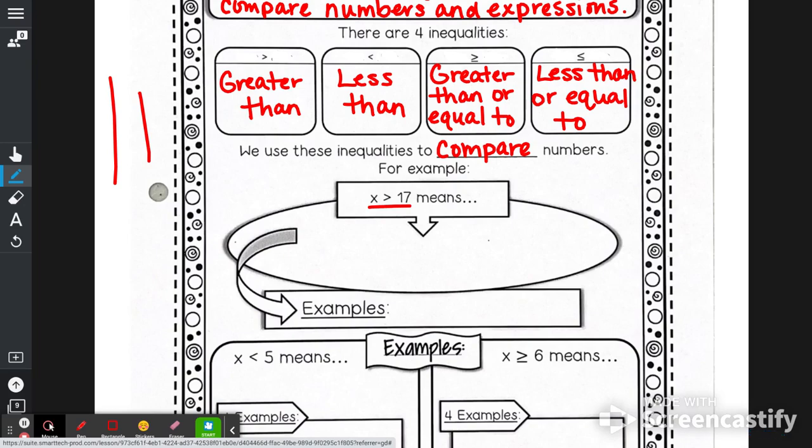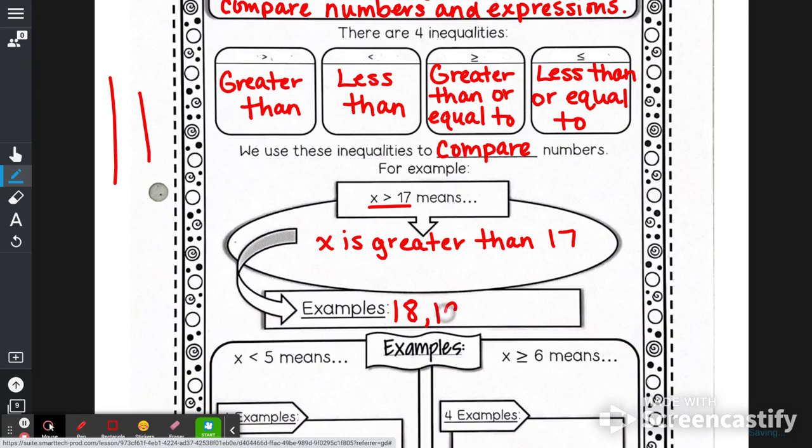What does that mean? Hadley? X is greater than 17. X is greater than 17. Now, give me some examples of what X could be. 18. What else could X be?